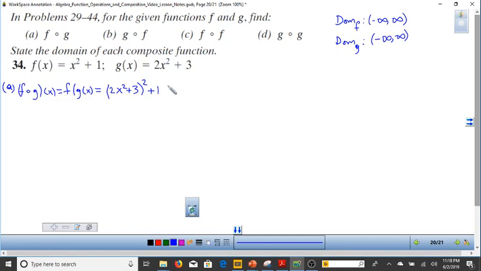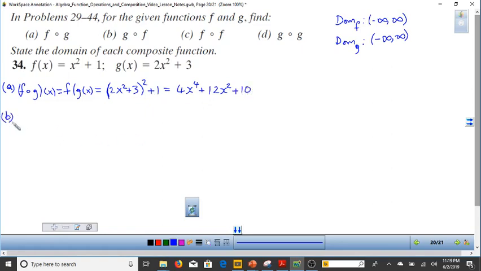And then I can simply distribute. Remember, you have to do 2x squared plus 3 times itself. And when you work that out, you get 4x to the 4 plus 12x squared plus 9, plus that 1, which gives you 10.